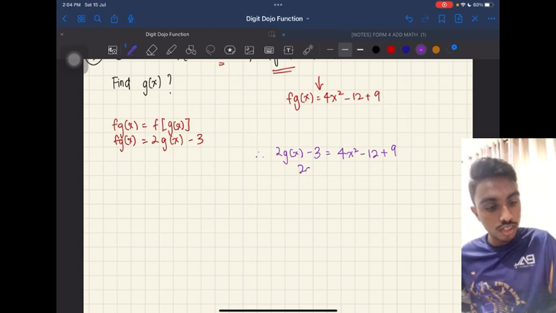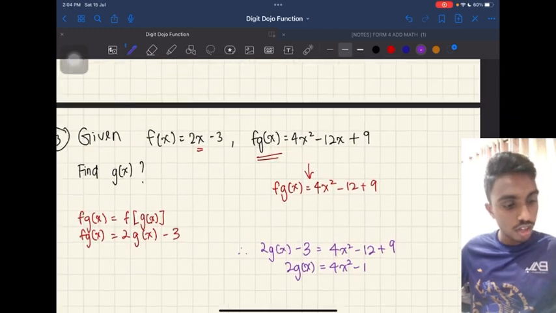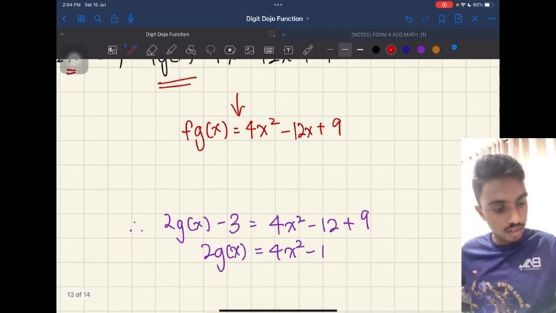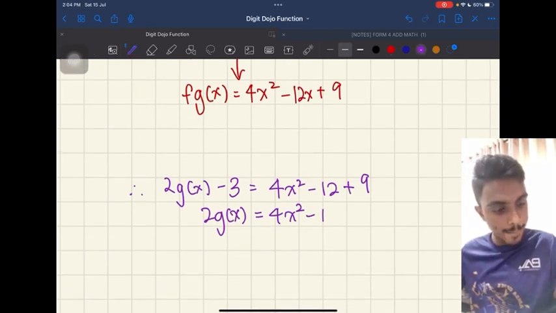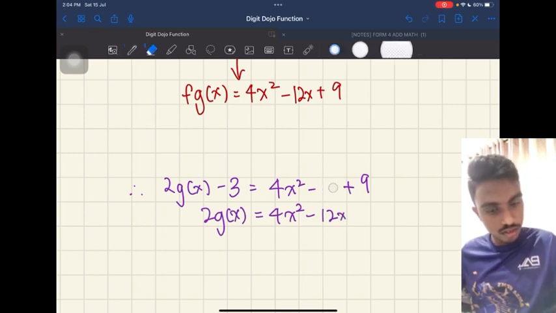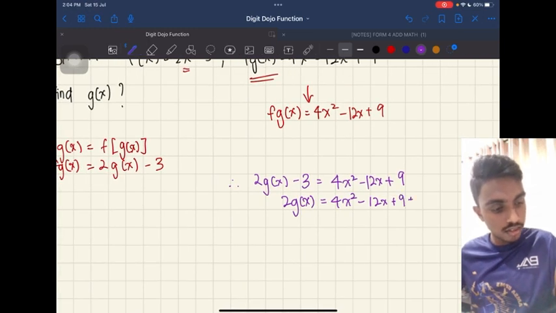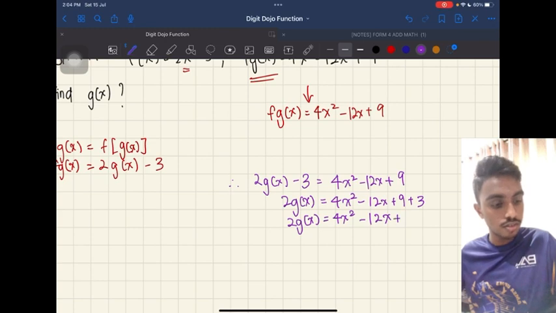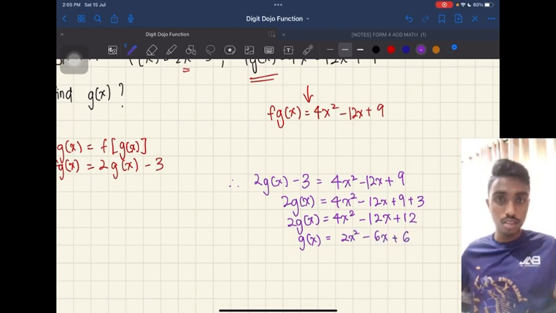So 2g(x) is 4x squared minus, sorry, I left out the x just now, 12x plus 9 plus 3. So 2g(x) will be 4x squared minus 12x plus 9 plus 3, which is 12, and your g(x) will be 2x squared minus 6x plus 6, dividing the whole thing by 2.